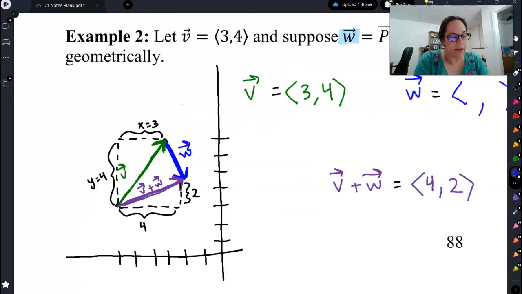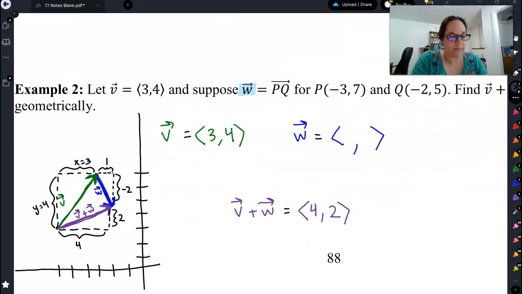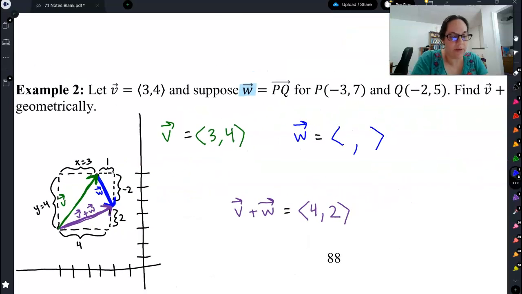I do need vector W in its component form, so let's find that really quickly. So it looks like vector W grew 1 in the X direction and -2 in the Y direction. So its component form will be 1, -2.